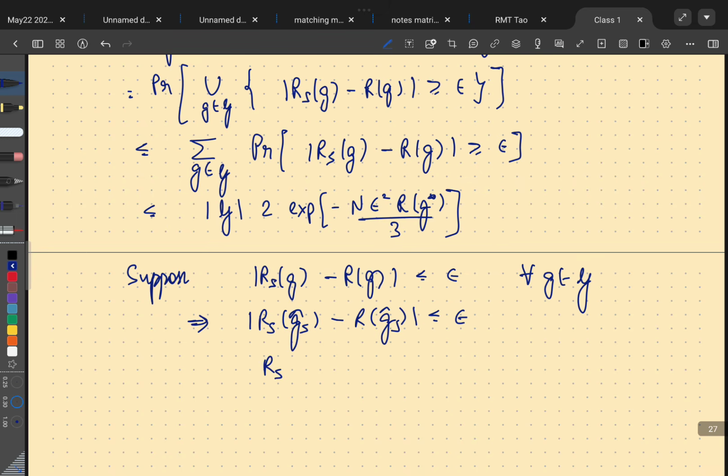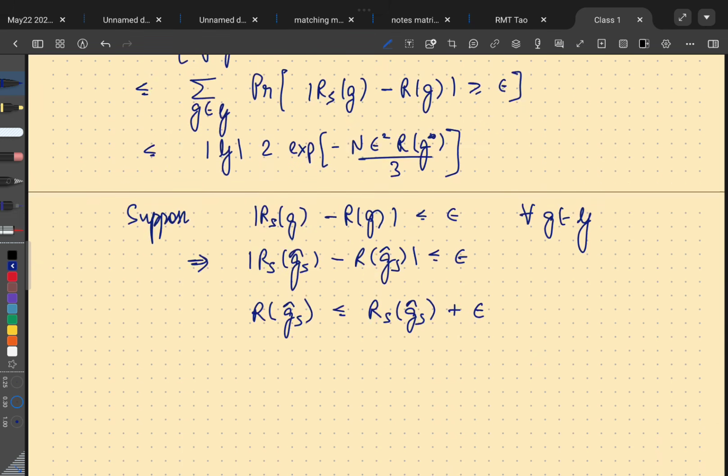In other words, let me write it this way. R of GS hat is less than or equal to RS of GS hat plus epsilon. Now this holds true for GS hat, but it also holds true for G star.